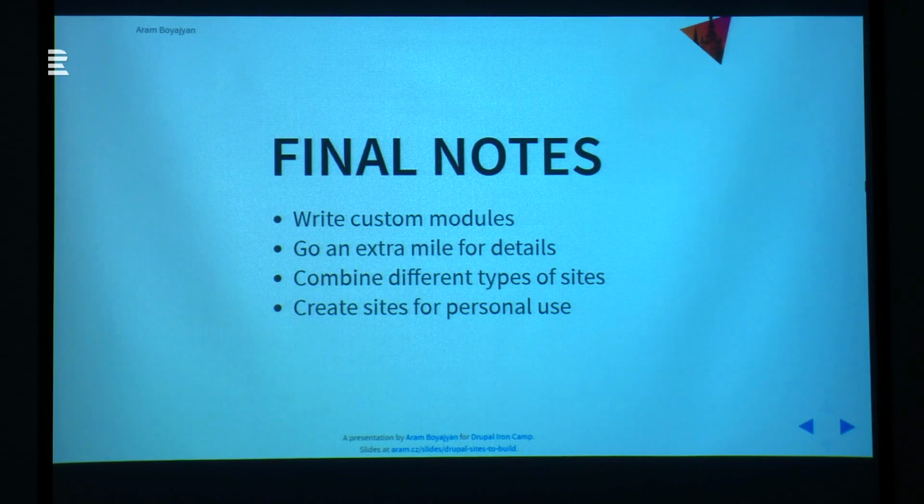The second point is extremely important. You need to go the extra mile for the details. When you have a requirement list and you did most of it, you have that 80-20 rule. Basically, 80% of the features will be done in 20% of the time, and 20% of the features will be done in 80% of the time.